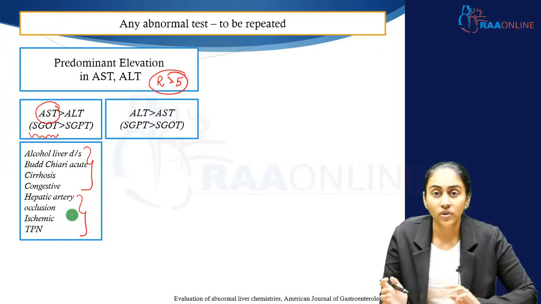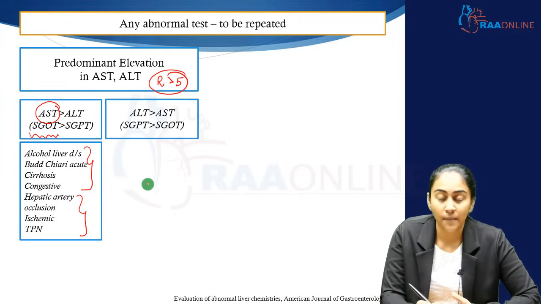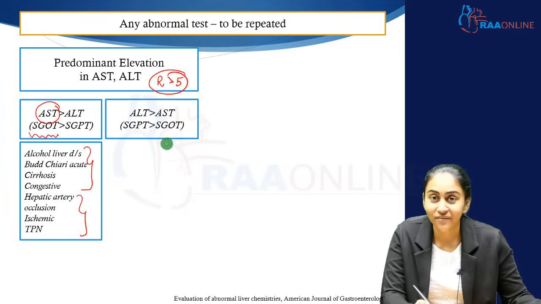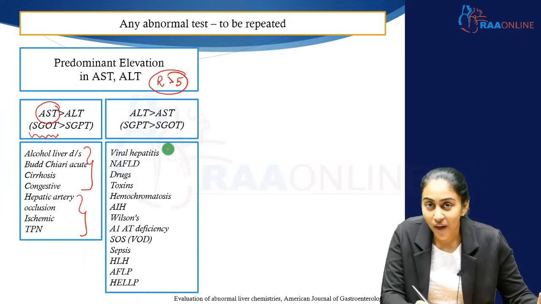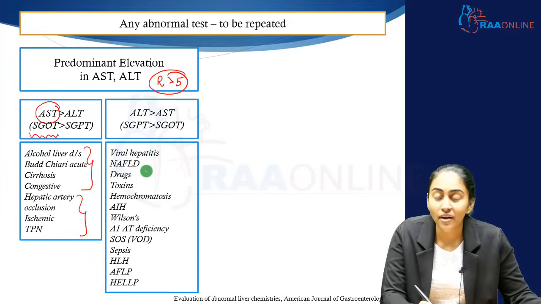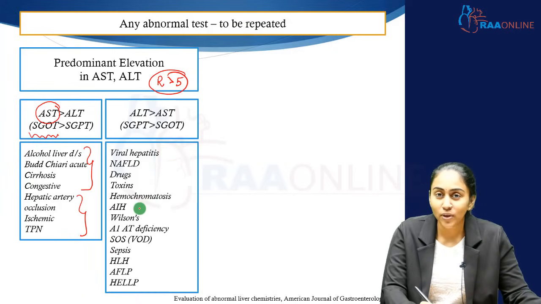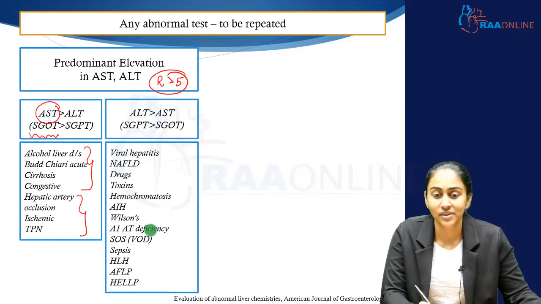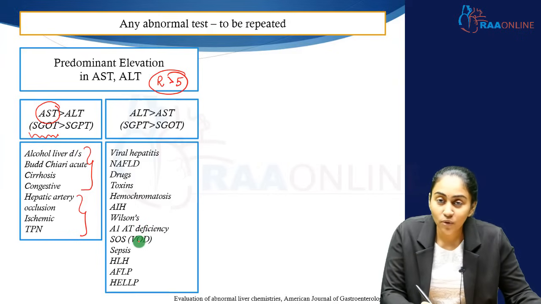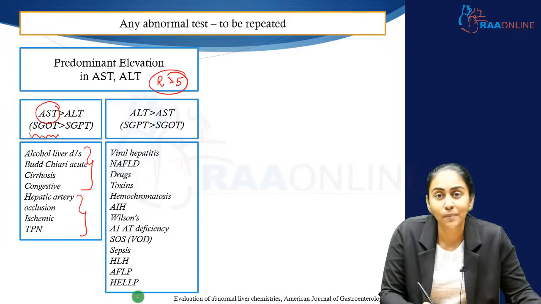Now, on the contrary, when the vice versa happens, when SGPT is going to be more than SGOT, everything else basically. So you have your viral hepatitis, NAFLD, drugs, toxins, hemochromatosis, autoimmune, Wilson's, alpha-1 antitrypsin deficiency, veno-occlusive disease, even in sepsis, macrophage activation syndrome, acute fatty liver of pregnancy, HELLP, in all of this.